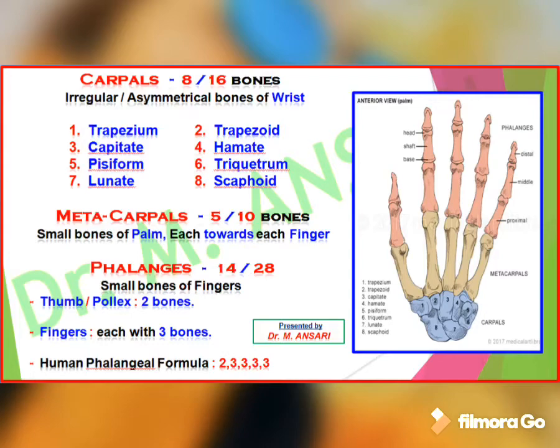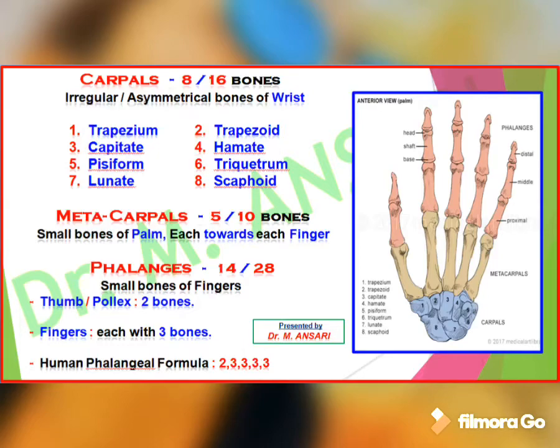These carpals form the intercarpal joint, which is an example of a gliding or sliding joint. In the palm region, small or short metacarpals are present. Each metacarpal radiates towards each finger. We can say 5 metacarpals are present in each palm.